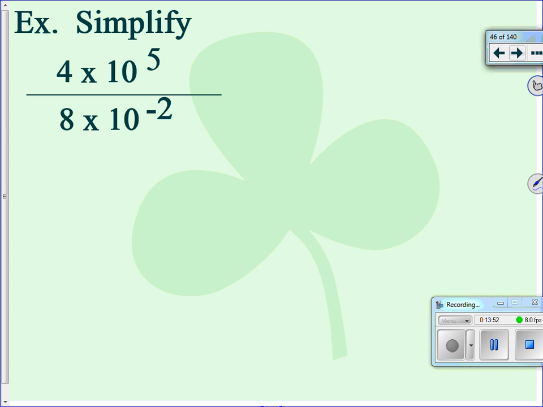So here we have 4 divided by 8, and we're going to write that as a decimal because we don't really use fractions in scientific notation. So we know 4/8 is a half, and we know 1/2 is 0.5.